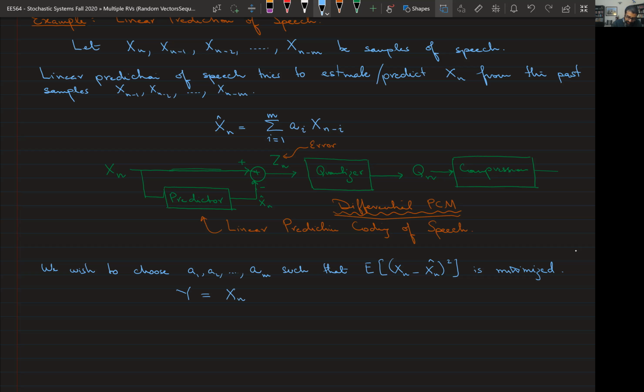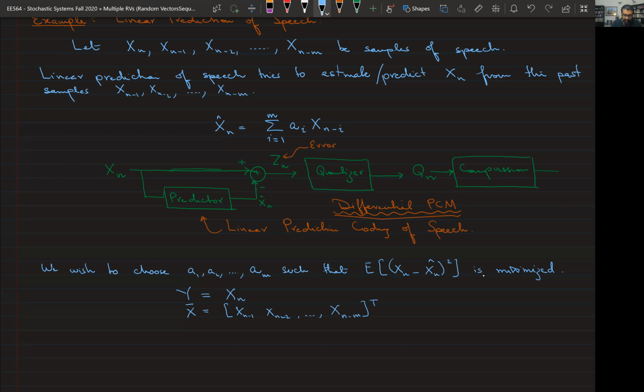And the x bar that I had in the problem up above is this vector, which is x n minus 1, because these are the observations that I'm using to predict, x n minus 2, and all the way up to x of n minus m. And this is the transpose.